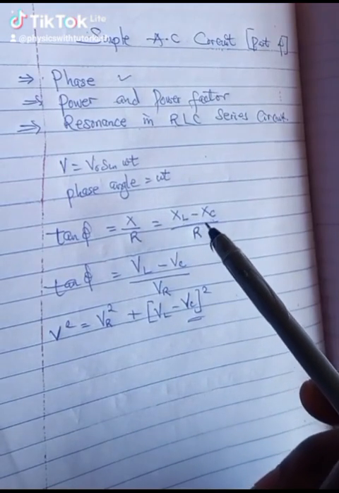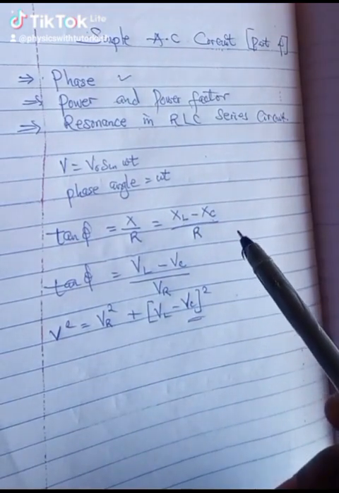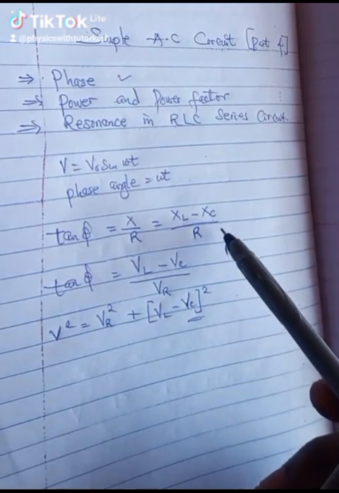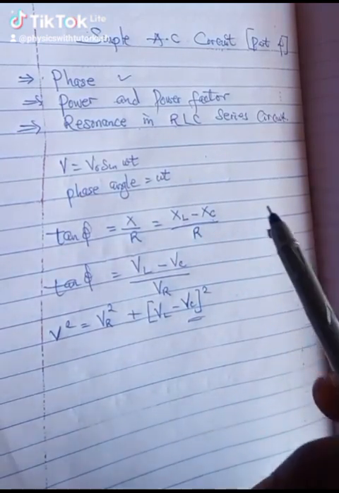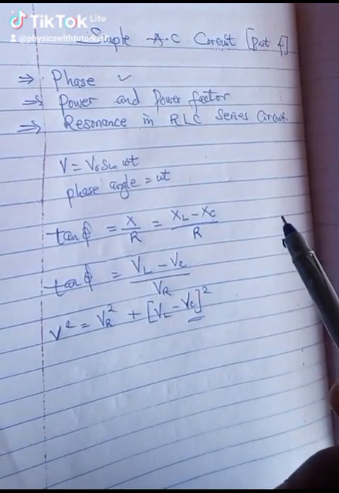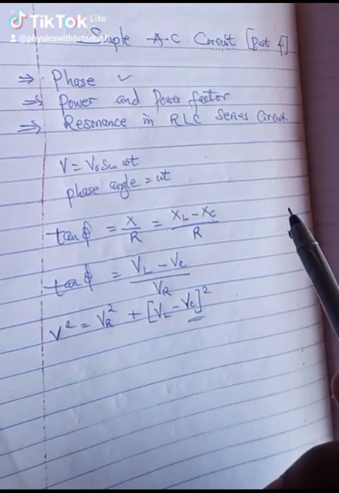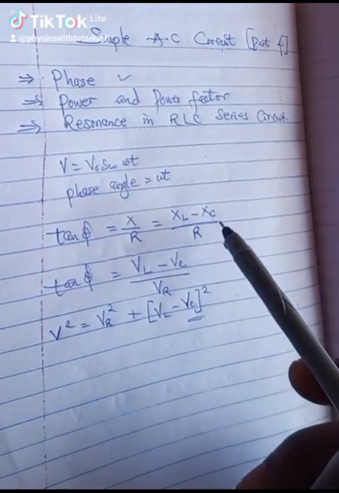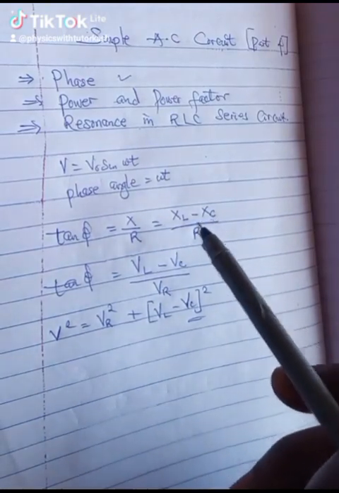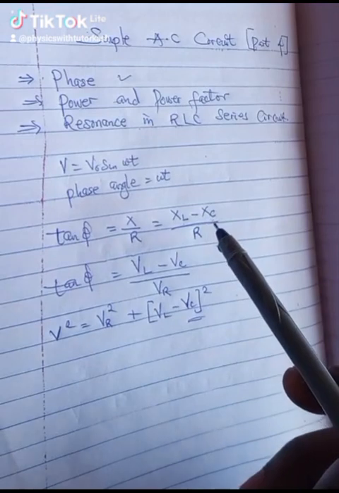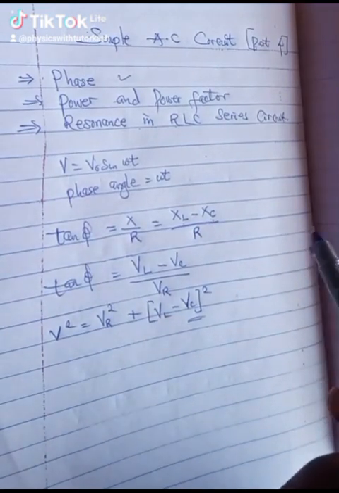If XL is greater than XC, it means that the current is lagging voltage. And if XC is greater than XL, it means that the voltage is leading the current. If XL is greater than XC, current lags voltage. XC greater than XL, current leads voltage.